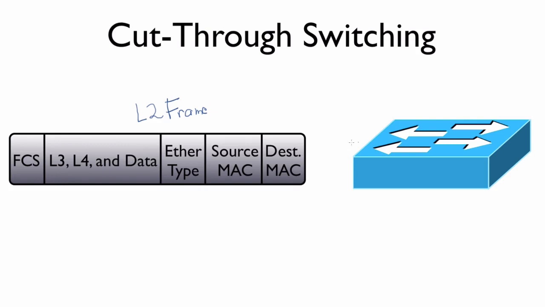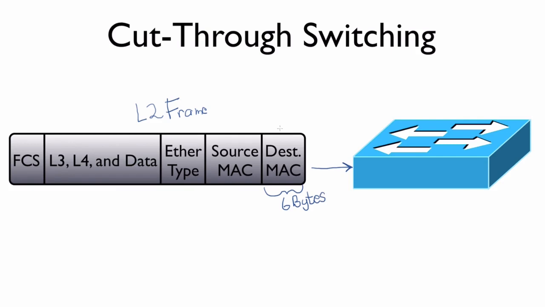As soon as this frame begins to go in, the switch is going to look at this MAC address. Remember how big the MAC address is? It's 6 bytes in size, 48 bits. This 6-byte MAC address is examined, and the switch says, based on what I've previously learned, I know that MAC address lives off of a particular port.